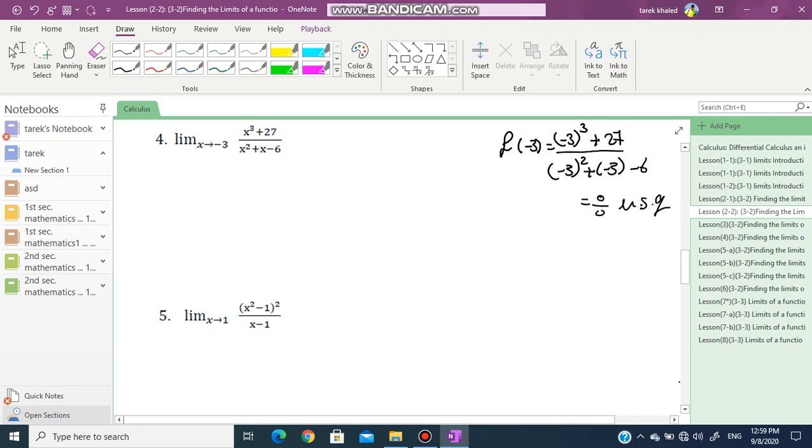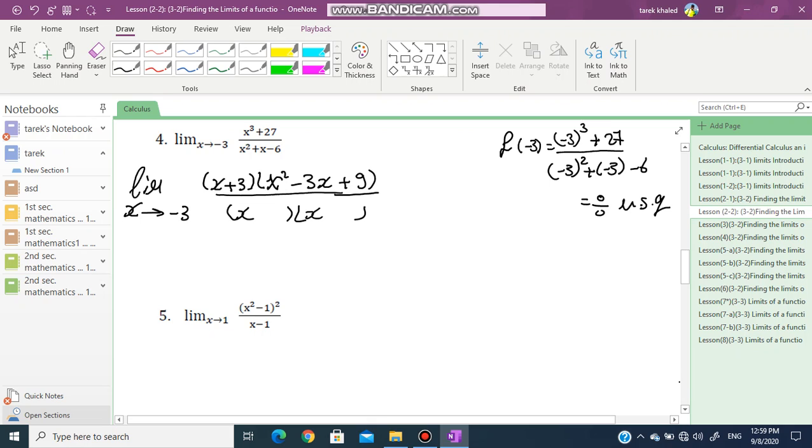So I will factorize the numerator and the denominator. So x tends to negative 3. Factorize the numerator, the sum of two cubes: open two brackets, the small bracket (x + 3), and the next one x^2 - 3x + 9, over x^2 + x - 6. I will factorize it: x times x, and negative 6 will be positive 3 and negative 2. Cancel the zero factor x + 3.